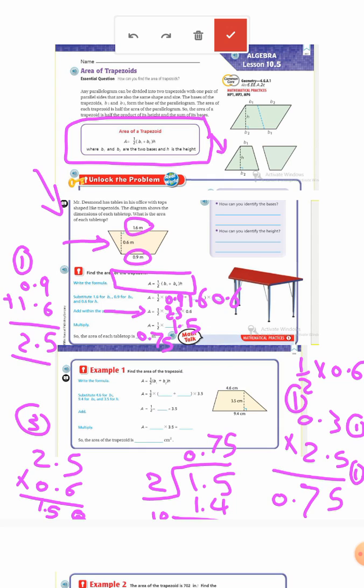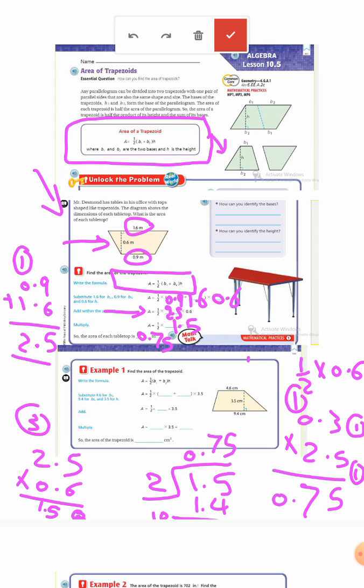Okay, let's move to example 1. We are going to follow the same steps. First of all, we have to memorize the formula. Again, the formula is A, which means area, equals half, B1 plus B2, multiplied by the height.